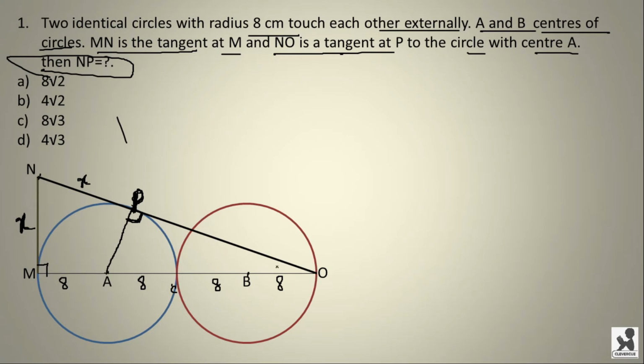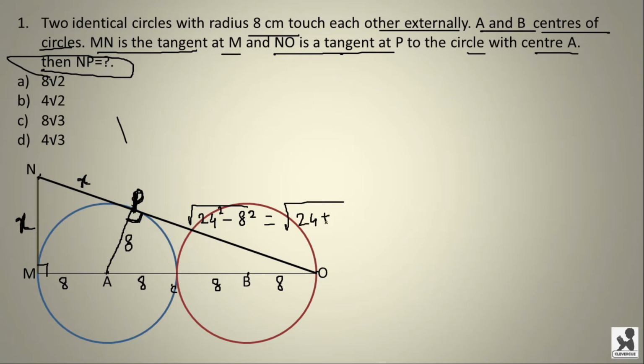Now let us calculate the value of PO. The length of PO is under root 8 plus 8 plus 8, that is 24 square, minus PA. PA's value is 8 because this is also radius. 24 square minus 8 square because AO is the hypotenuse over here. Now by calculating this, this is in the form of A square minus B square.